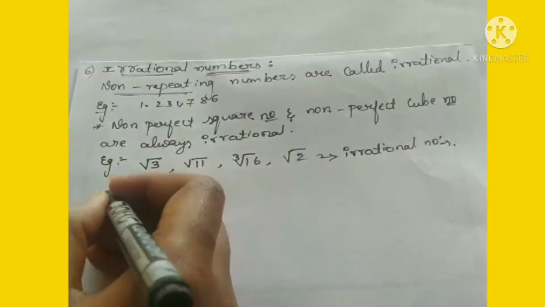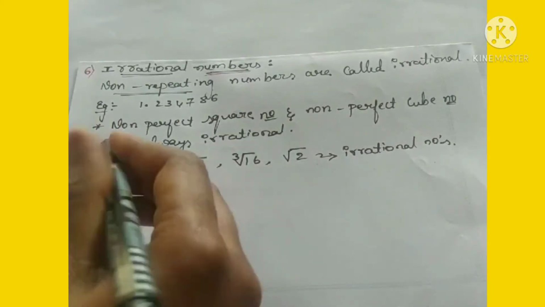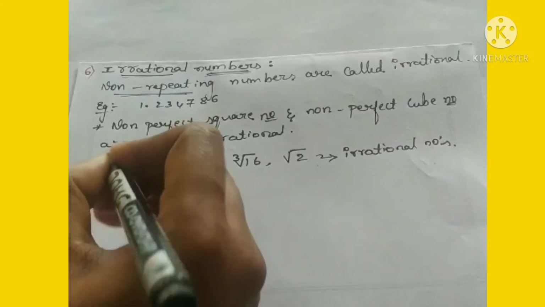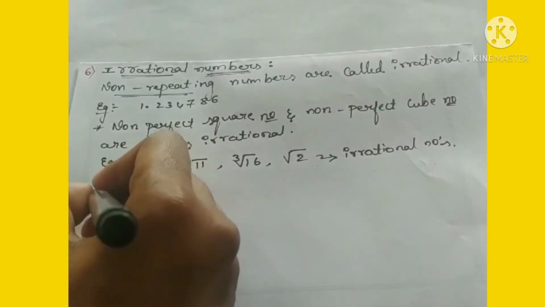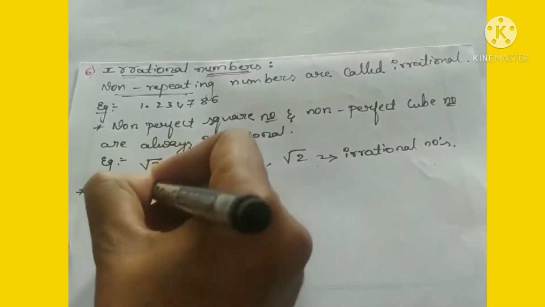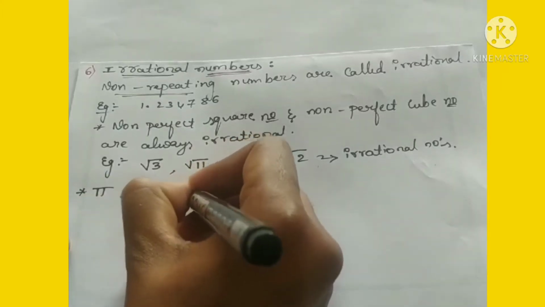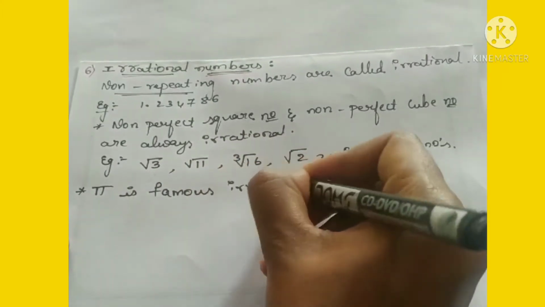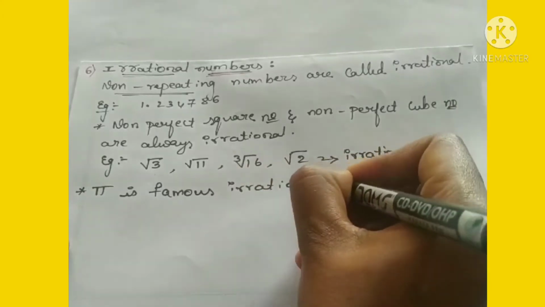Now one more important point under irrational numbers is, this is a previous year question: pi is a famous irrational number.